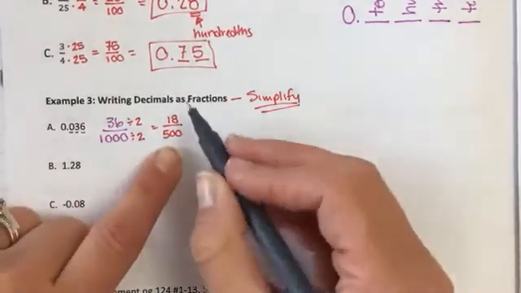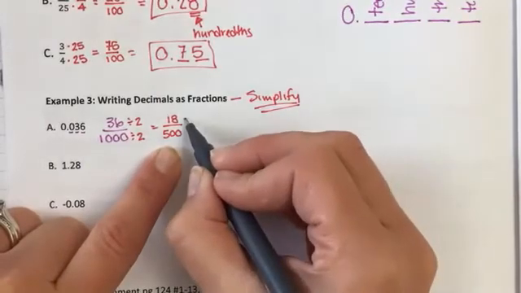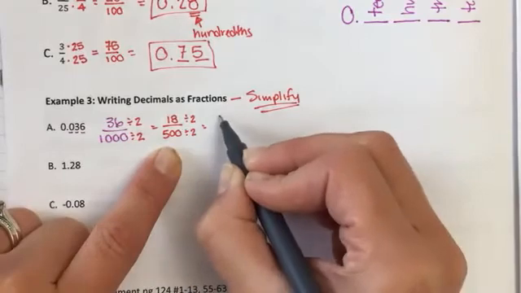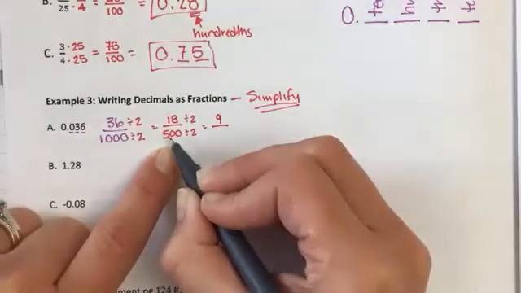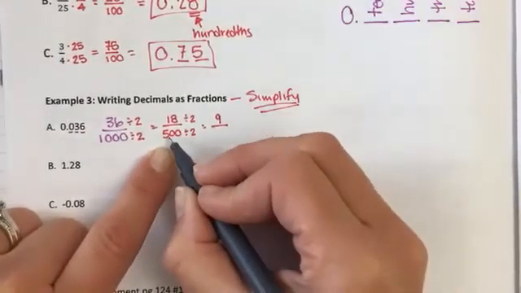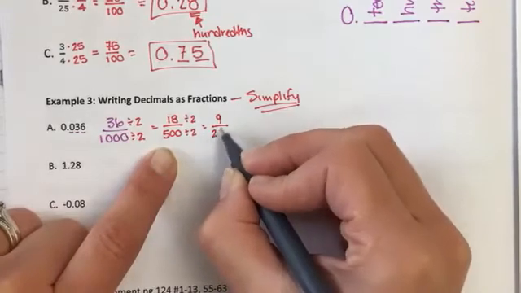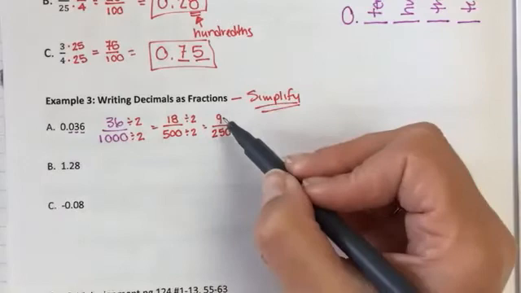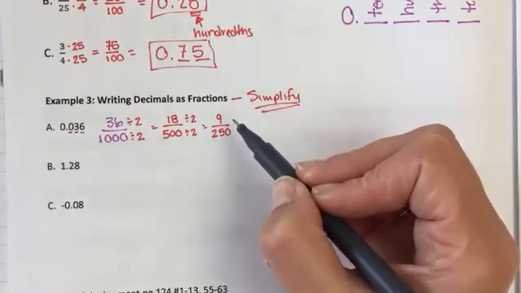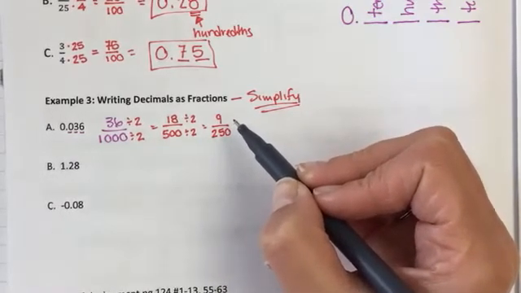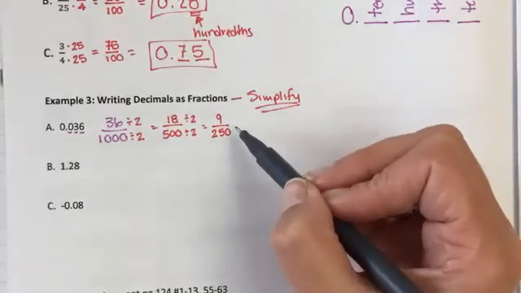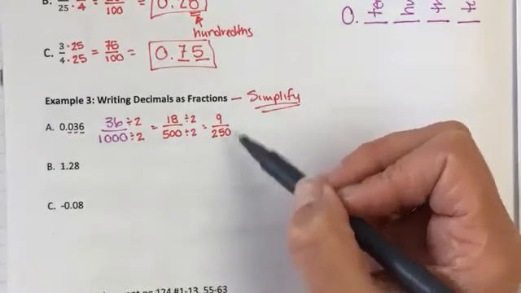Now some of you guys are saying that they're even, so we can divide them both by a 2 again. 18 divided by 2 is 9, and 500 divided by 2 is 250. Well, the only factors of 9 are basically 3 and 9, and 3 and 9 cannot go into 250, and so that's your final answer.